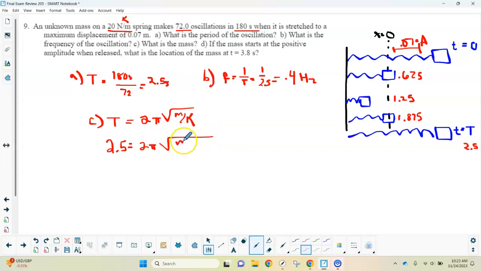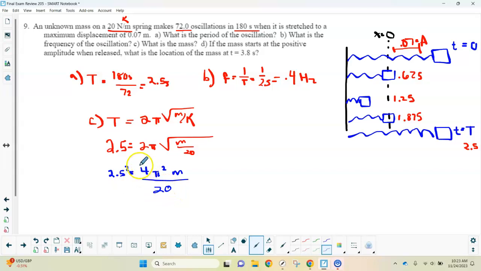M is what we're looking for, and then k is 20. So we're going to square everything. So if we square both sides, it'd be 2.5 squared equals 4 pi squared, because I square each one of those terms. And then the squared and the square root are going to cancel out, so you have m, and then it's over 20.